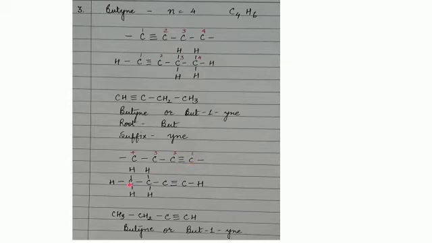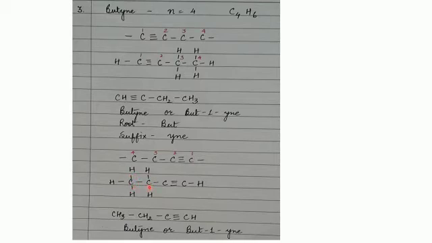Again, we will distribute the 6 hydrogen atoms. The first one from this side, or the fourth carbon, will get 3 hydrogen because it is forming one single bond here, you can see, with this carbon. So 1, 2, 3 and 4. All valencies are satisfied and it has got 8 electrons.